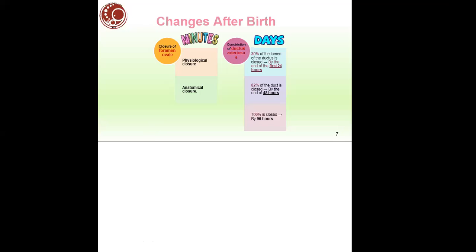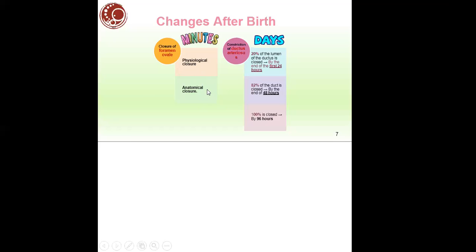So it will increase the volume and it will increase the pressure on the left side, and thus it will close the foramen ovale. And then it is a physiological closure within minutes. And then we have anatomic closure, and they say that is about 46 or 76 hours.